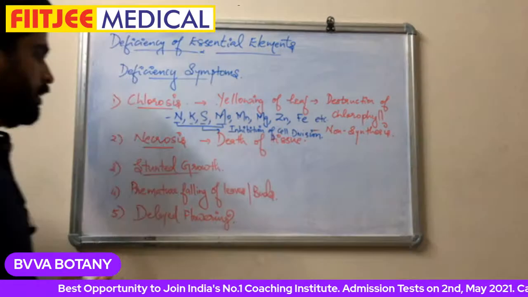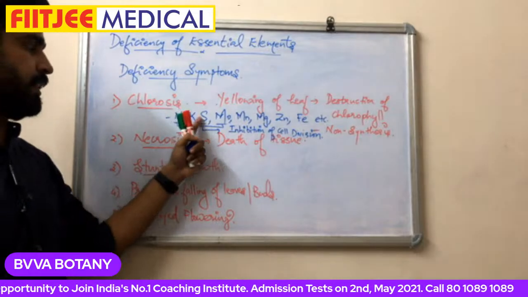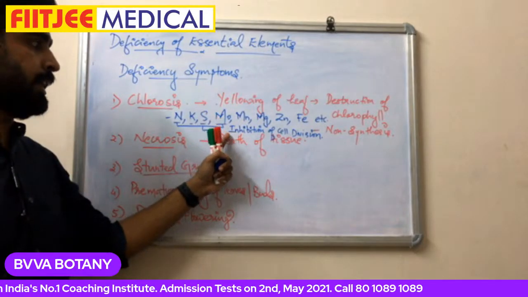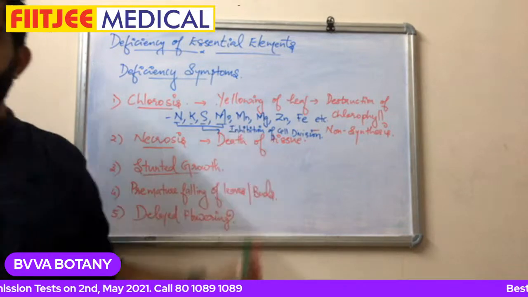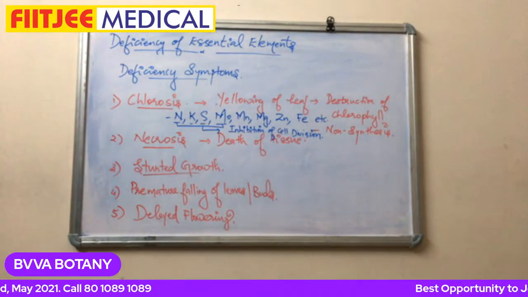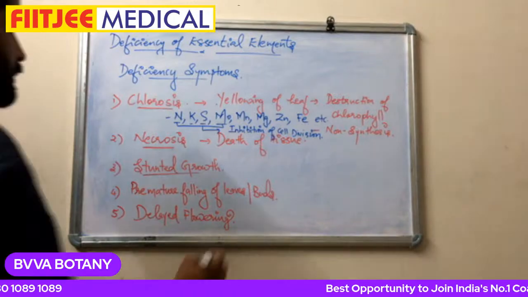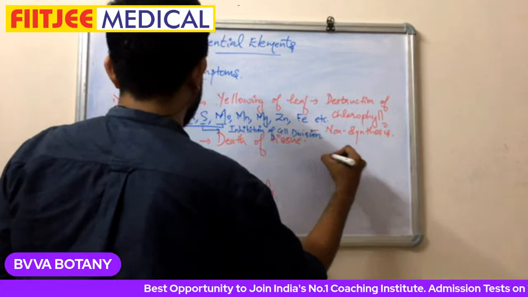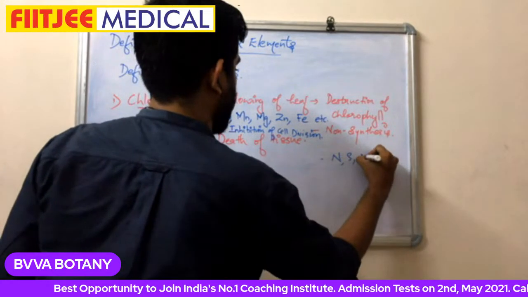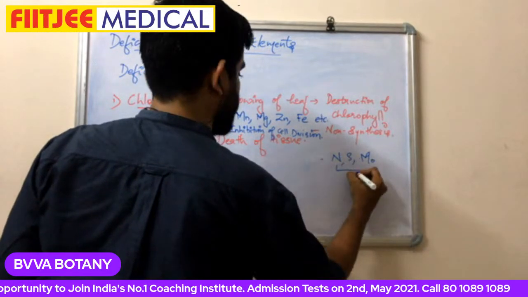And of them, nitrogen, sulfur, and molybdenum cause what? Delayed flowering.